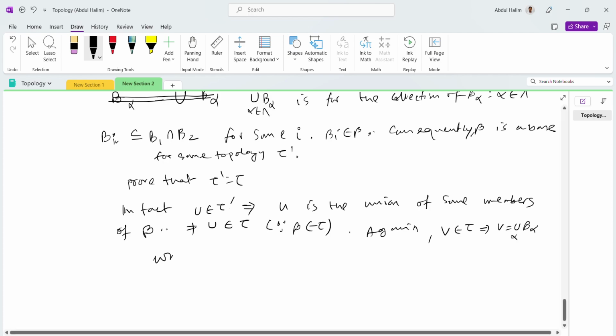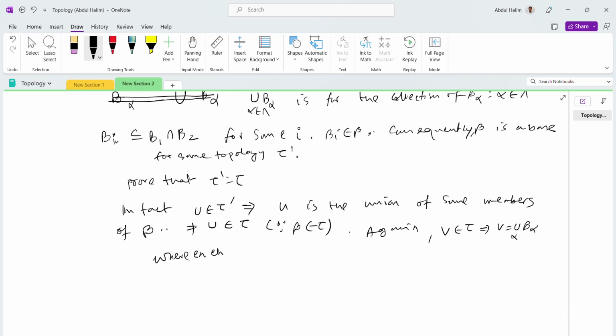Yes, so U belongs to tau. Why? Because beta belongs to tau, again V belongs to tau implies V is equal to union of B alpha in some collections of alpha, as defined for V.